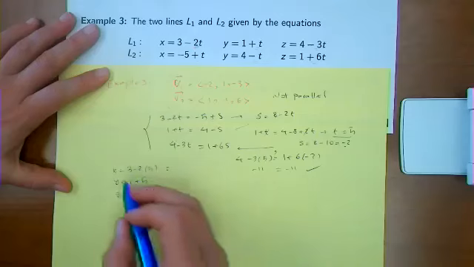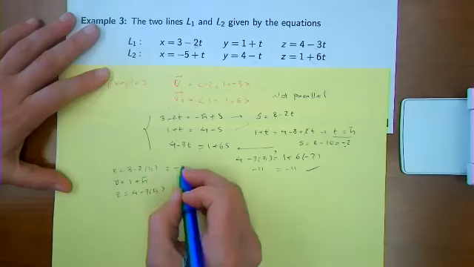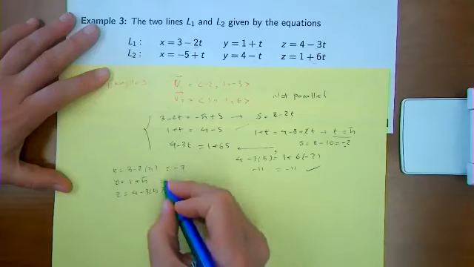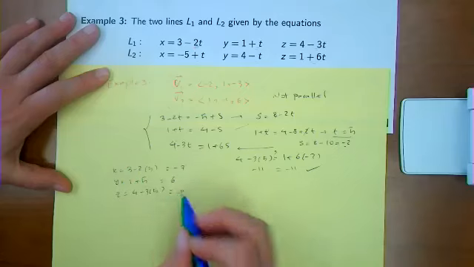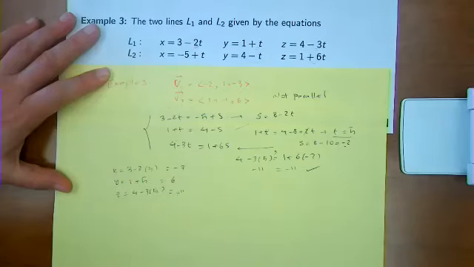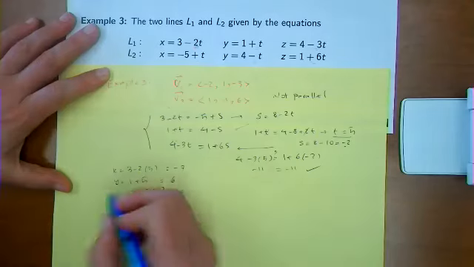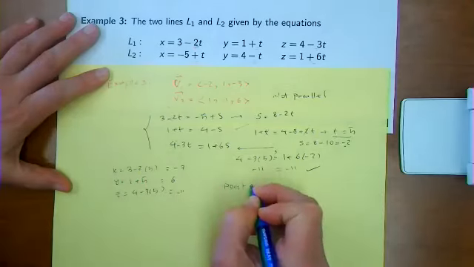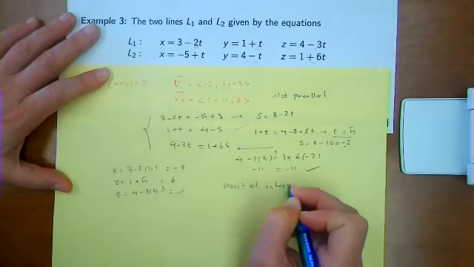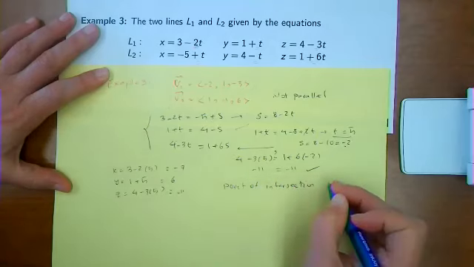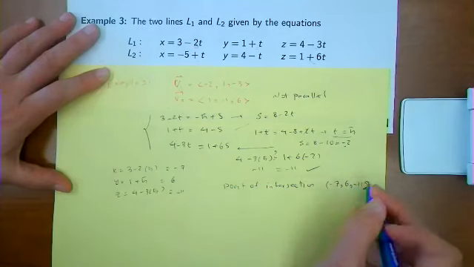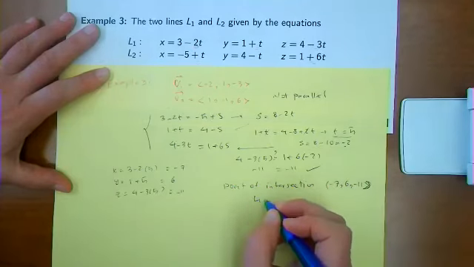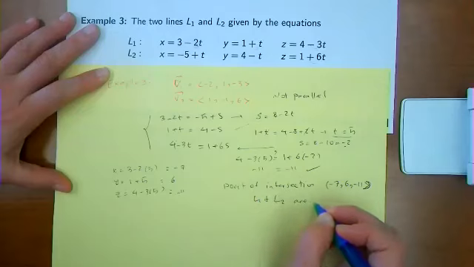The answer is 3 minus 10 is -7, and then 6, and -11. And so the point of intersection is (-7, 6, -11). And L1 and L2 are intersecting.